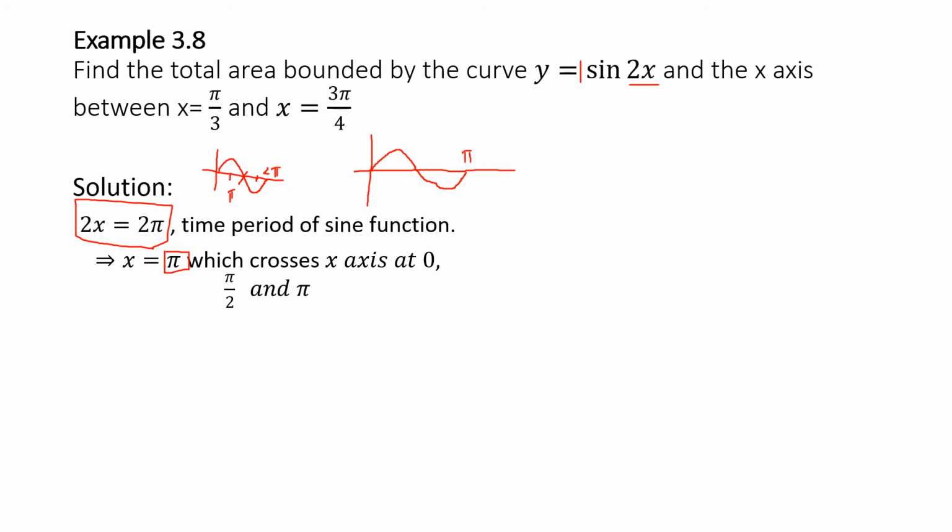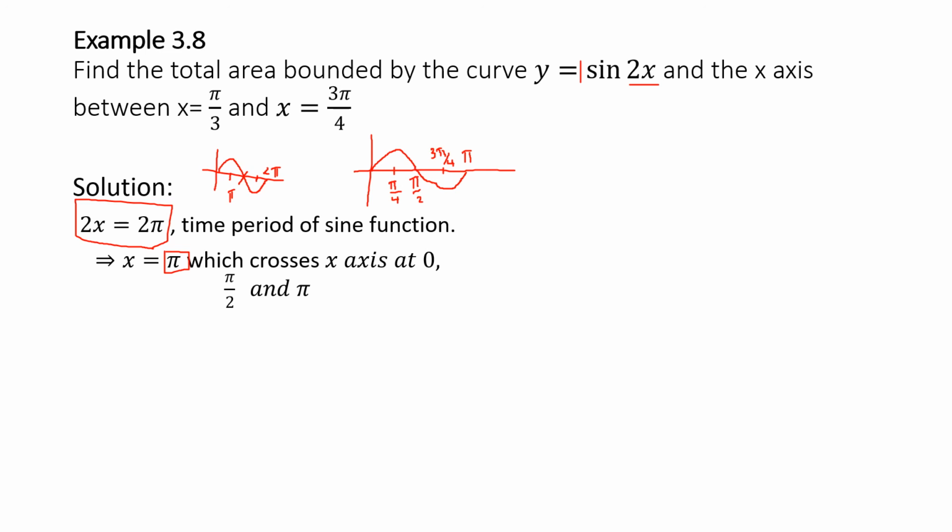So half of it is pi by 2 and half of this is pi by 4, and this middle point is 3 pi by 4. Now what is the question?